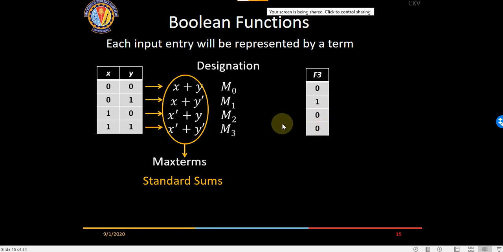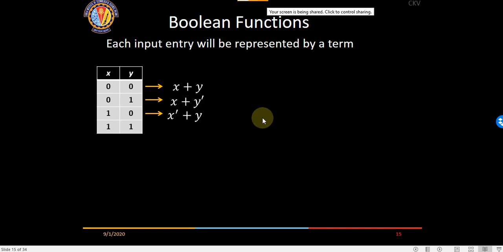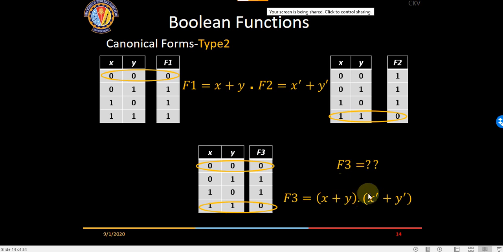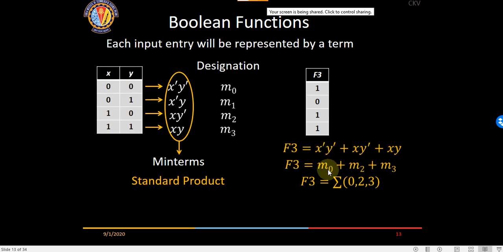You can't have an OR in between these, because if you do 0 and 1 with an OR, it will give you a 1. So unlike in a min term, where, slightly earlier, we did min term, it was an OR operation within the term. Here these are all OR operations, and in between you have an AND operation.